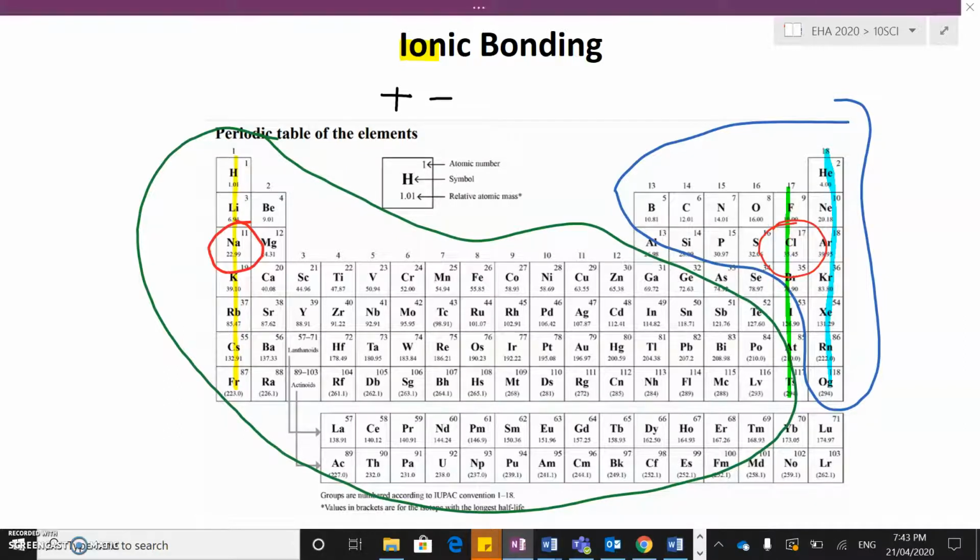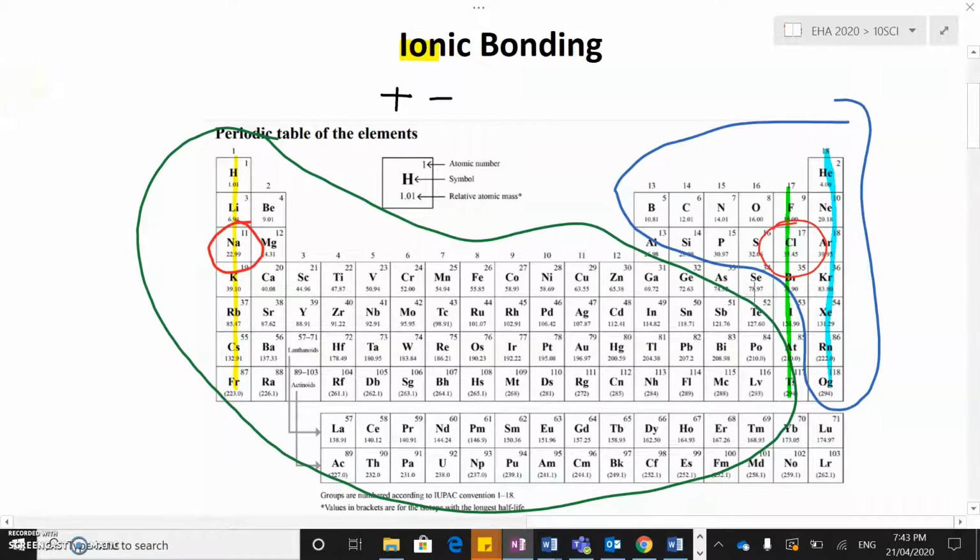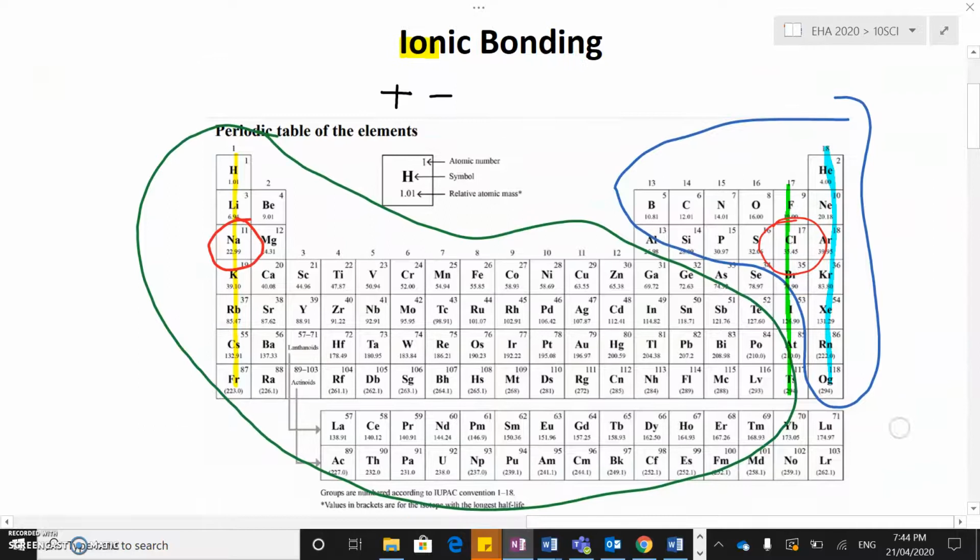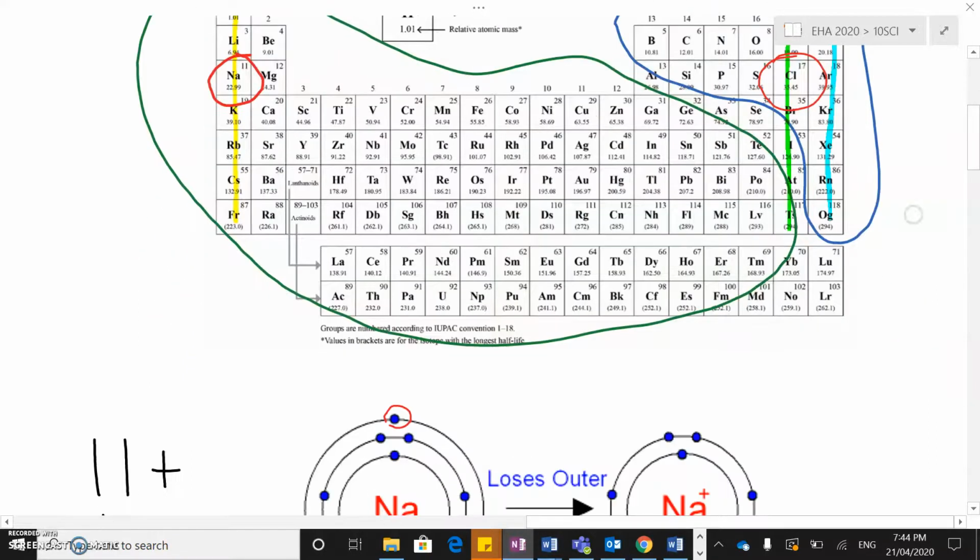Good job, everyone. Sodium chloride is a very common compound, and we're now going to look at how these two elements ionically bond together. Chlorine lives on the other side of our periodic table. It needs to gain 1 electron to be happy and content.